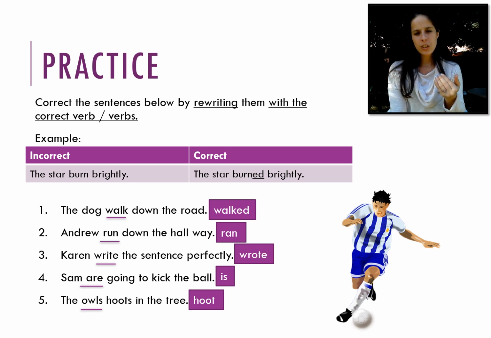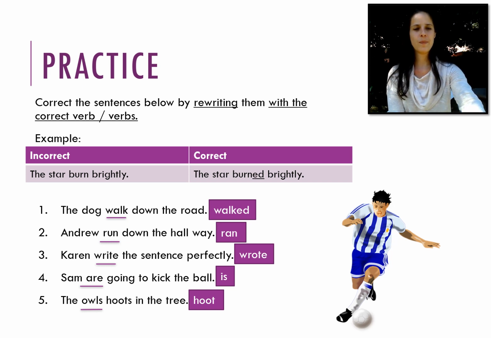The S rule I just gave to you so that you can clearly pick up on sentences where they might sound correct if you say them fast, but they're actually not correct, especially with number 5, the owls hoots in the tree. If I say that really fast, it might sound correct, but once you know your S rule, you know that a plural noun cannot go with a verb that ends with an S. Okay, so take your corrections down if you need to, and then you are done for today.